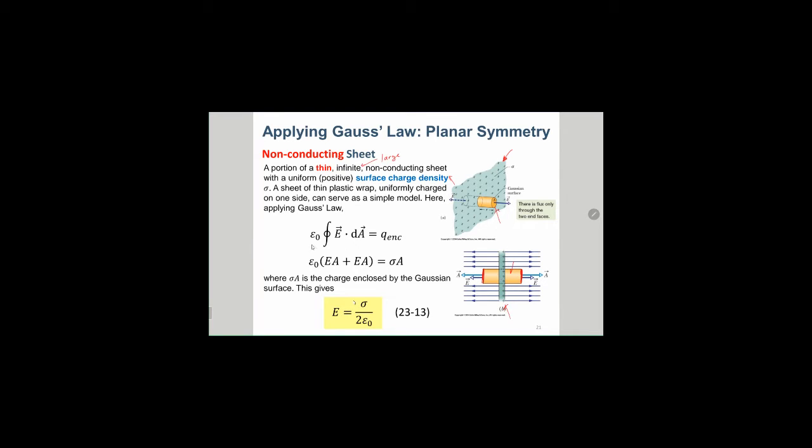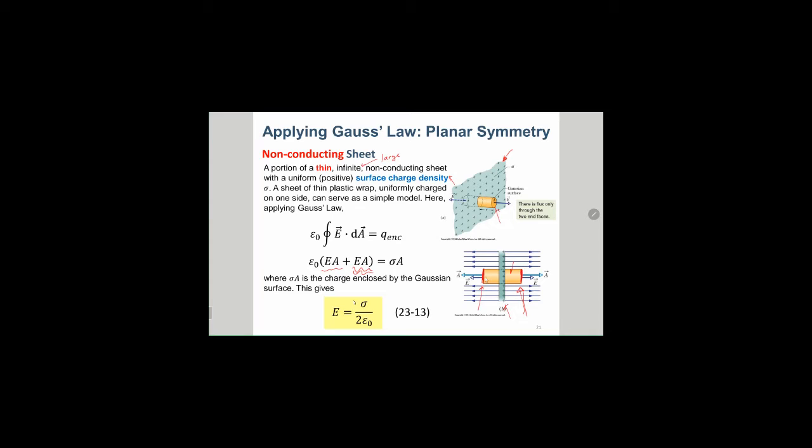Here we write out Gauss's law, and this net flux can be separated into two parts. This is from the left part, and the other one is for the right part.